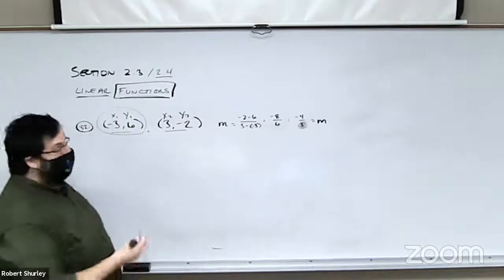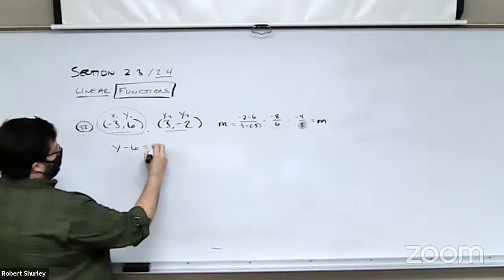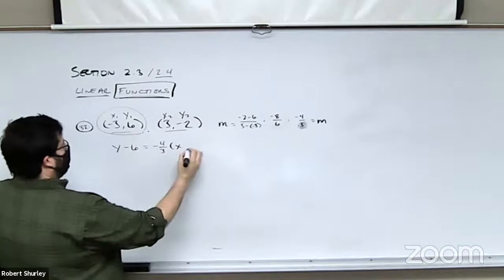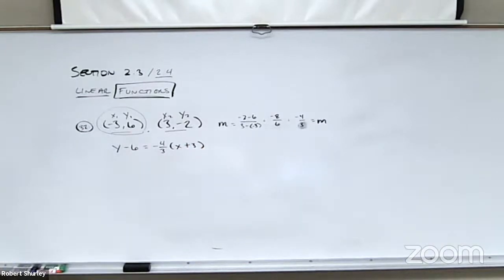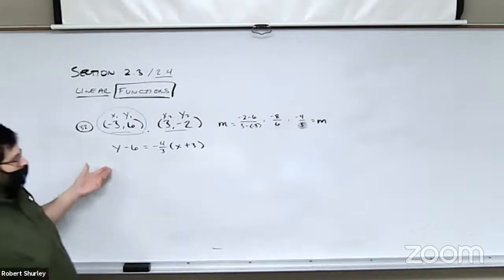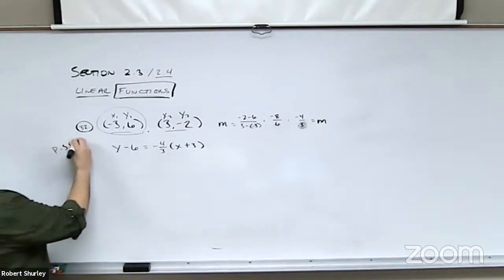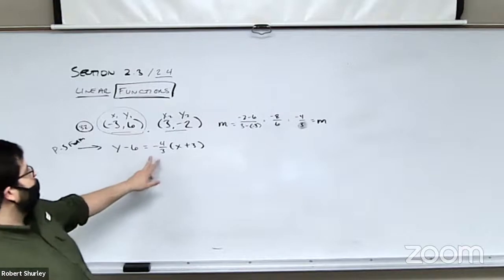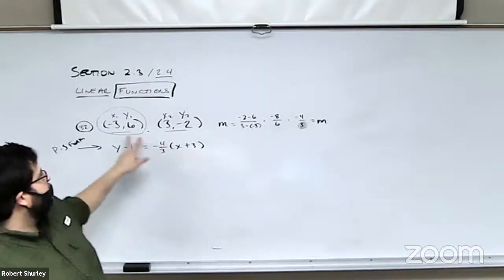So I'm going to say y minus 6 equals -4/3 times x, and now it's going to be +3, because it's minus a -3. So this would be point slope form: y minus 6 equals -4/3, because that's our m, times x plus 3.